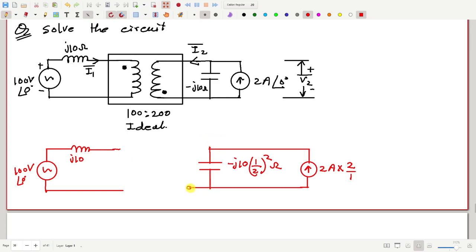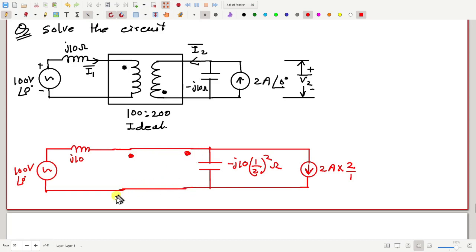And the dots were here. I had a dot here and a dot here. Now I have to connect dots with dots, so I have to connect it like this. Or you may just flip this right side upside down, so the diagram will be cleaner. If I do that, then this arrow should go downwards. This dot comes here. The capacitor, if you flip it, nothing happens, and like this.